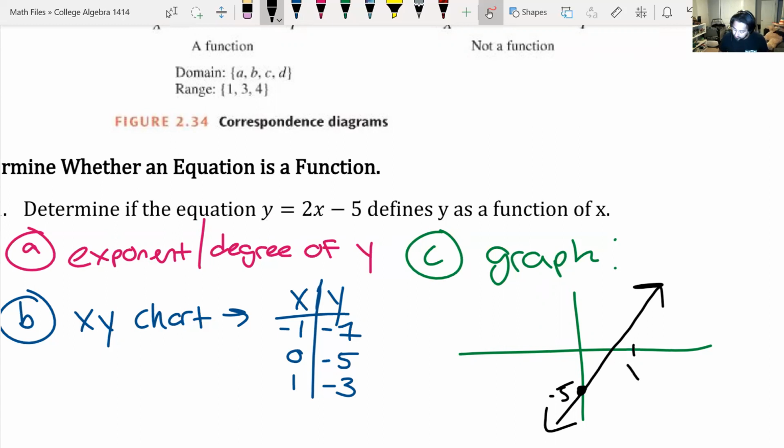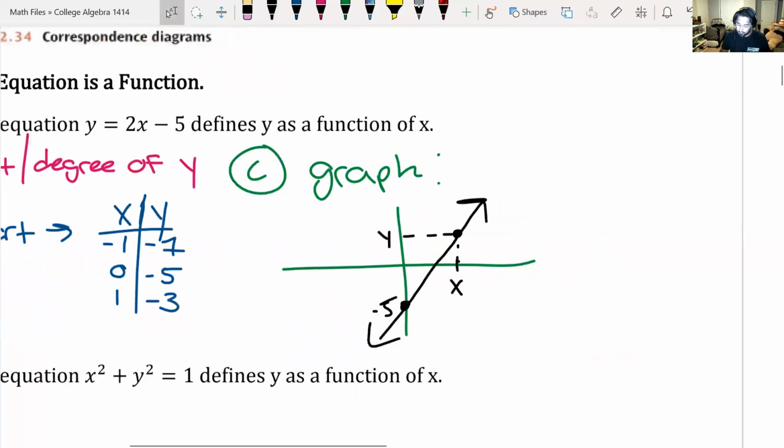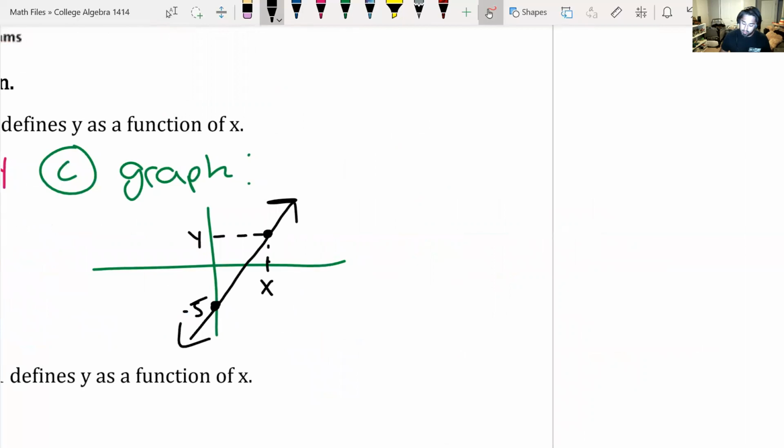So let's say I had an x value here, and I go up. There would only be one y value there. And that would go for the whole graph. So for every x, there's one y. So y equals 2x minus 5 is definitely a function. Okay. So we have a function. y equals 2x minus 5 is a function.